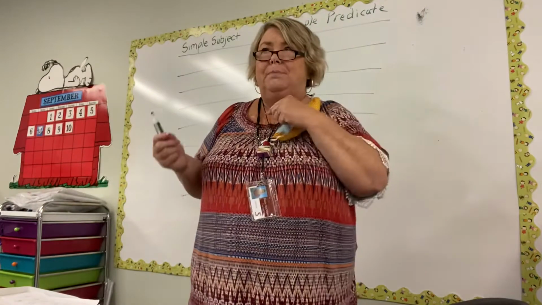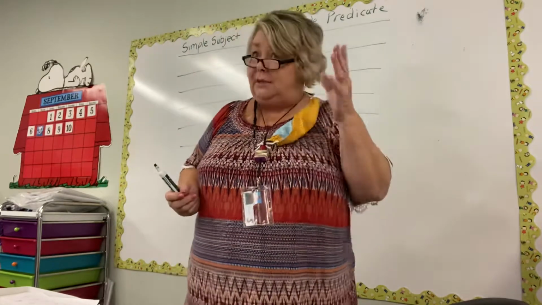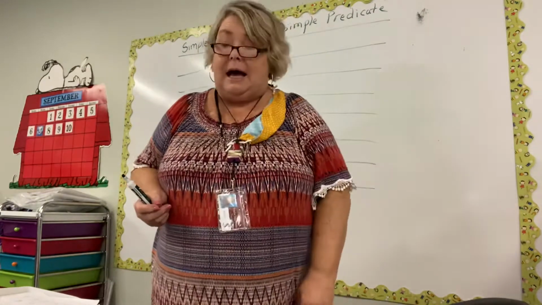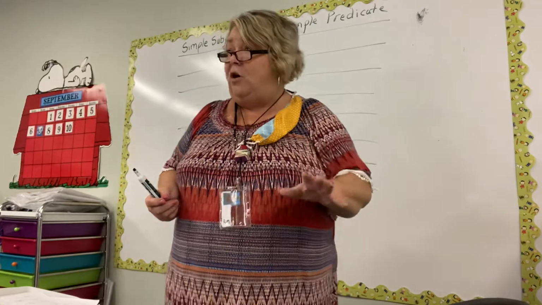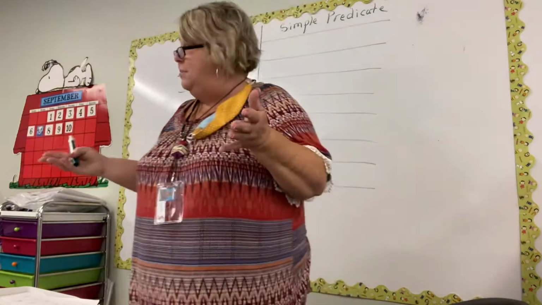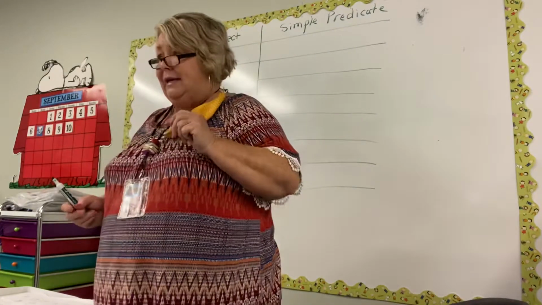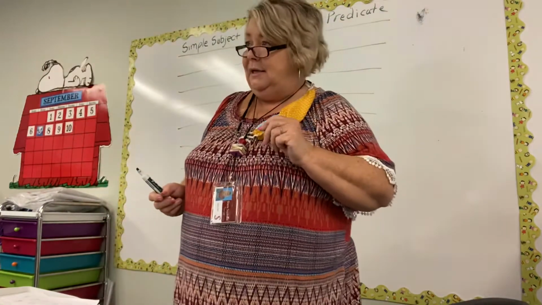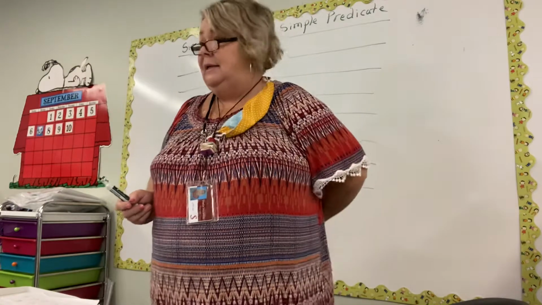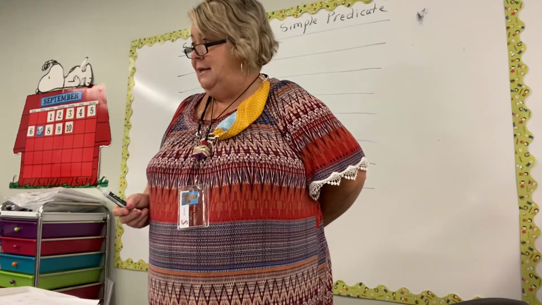And what part of speech, or what kind of word, is the subject? A noun. Very good. It's a person, place, or thing. And then the other part that makes up a sentence so that we have a complete sentence is called the predicate. Who can tell me about the predicate? The predicate is whatever the subject is doing.